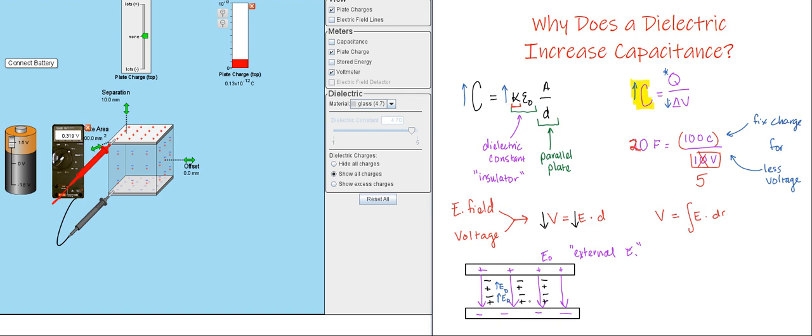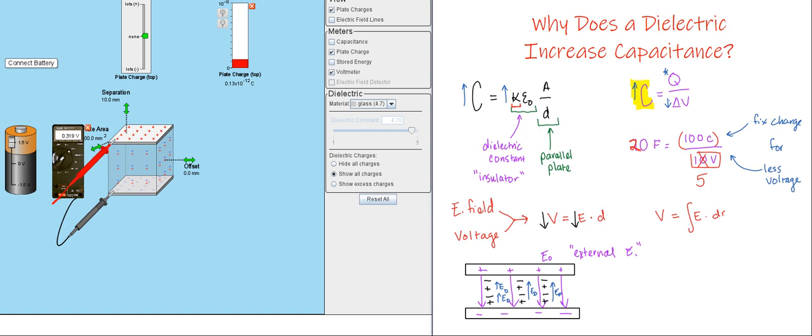Now I can think about adding those together to get the electric field like this. Now this is not going to be a very strong electric field compared to the external or the capacitor's electric field, but it will be something that is opposite in direction.